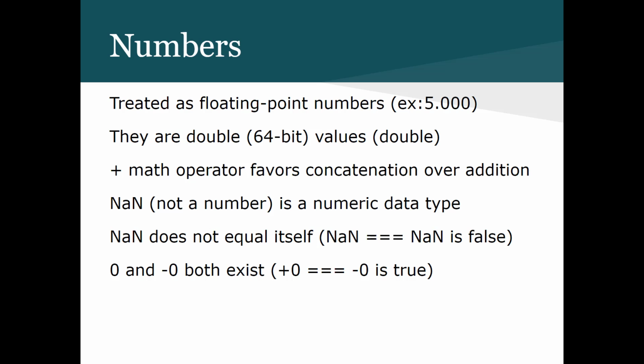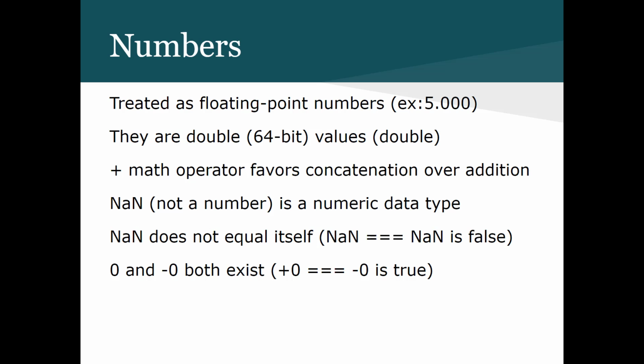When we talk about math, we've got to talk a little bit about numbers. We've already covered numbers briefly on the first day when we talked about data types, but you need to know that until ES6, JavaScript had a single type for all numbers, and it treats all of them as floating point numbers. However, the decimal point is not displayed if there are no digits afterwards.